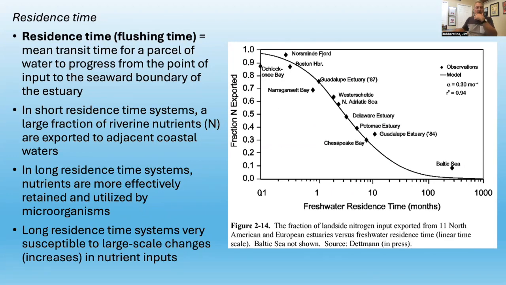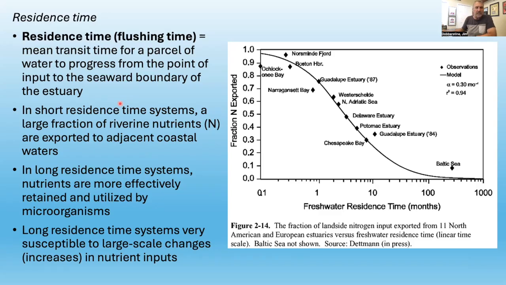Typically, in an estuary, this is going to be from where freshwater inflows are coming in, so the Trinity and San Jacinto rivers, the northwest furthest portions of the bay, out to where they exit out into the Gulf of Mexico.